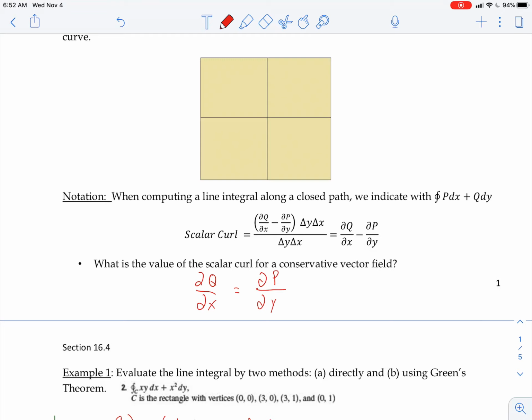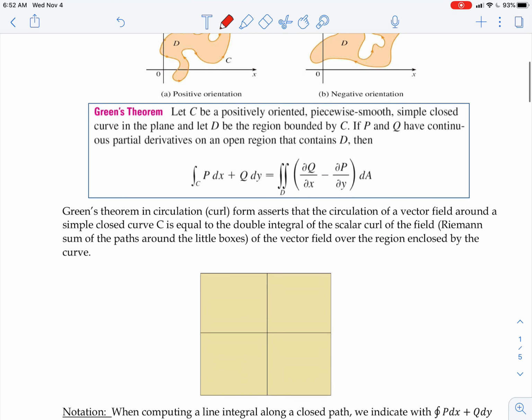That tells us that we're on a conservative vector field. And if I take one to the other side, then the partial of Q with respect to x minus the partial of P with respect to y is going to produce 0 if we're working on a conservative vector field. So we can also use Green's theorem to show that we're on a conservative vector field just because of the difference and how we're able to compute what the line integral is using Green's theorem.